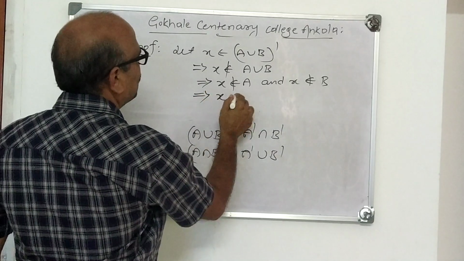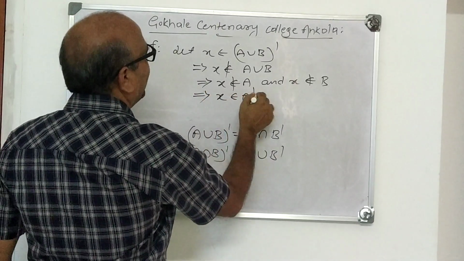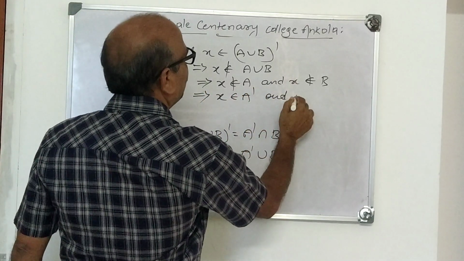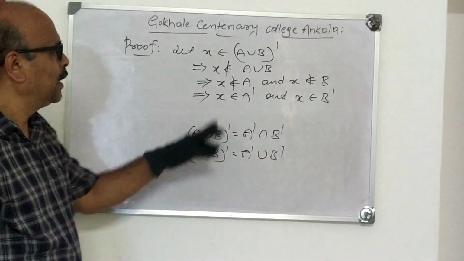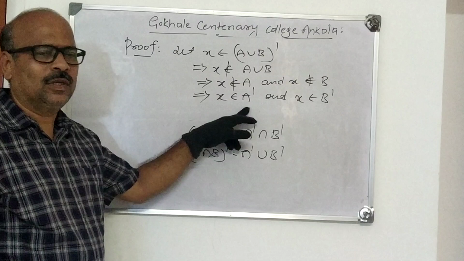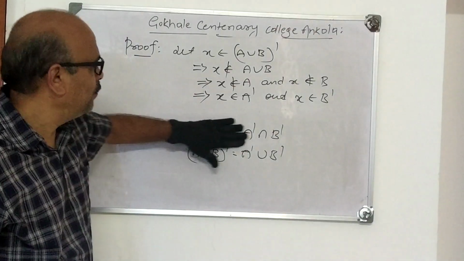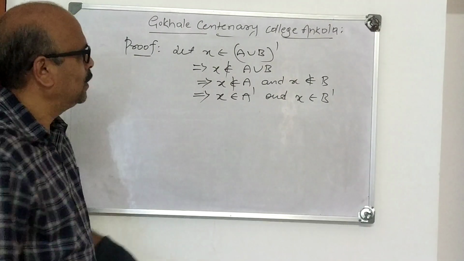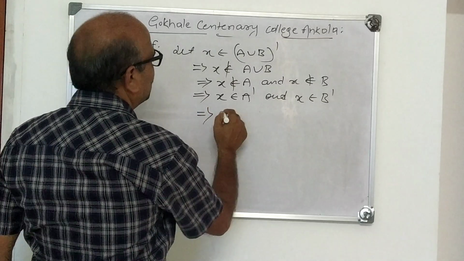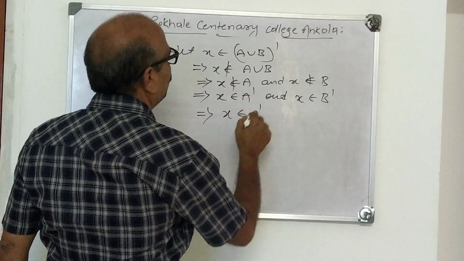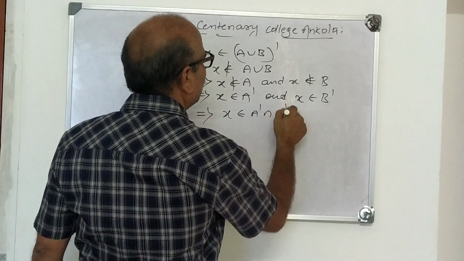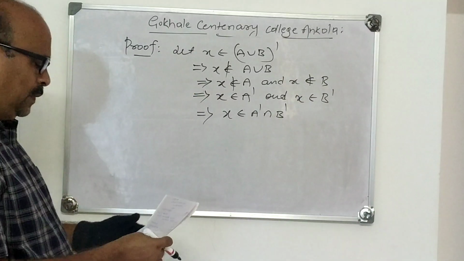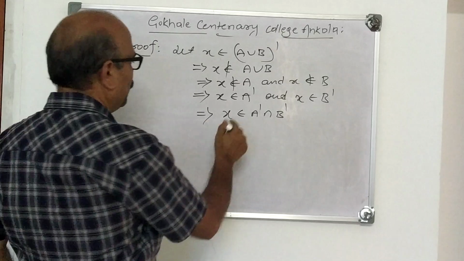What does this imply? X belongs to A dash and x belongs to B dash. X doesn't belong to A means x belongs to the complement of A. Correct? Now, this implies x belongs to A dash intersection B dash.